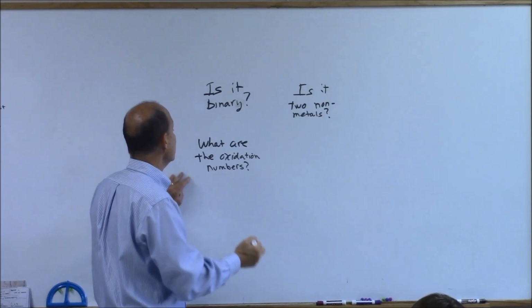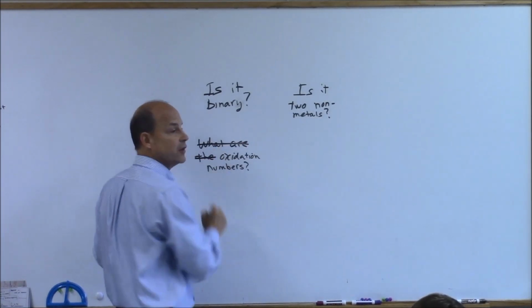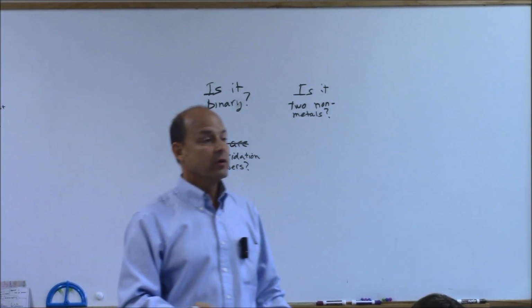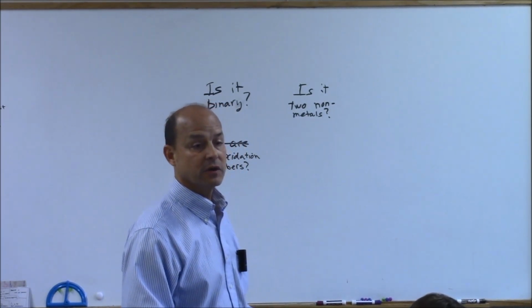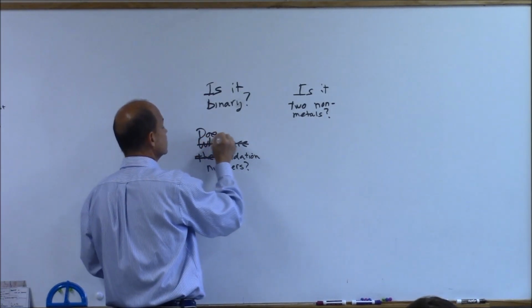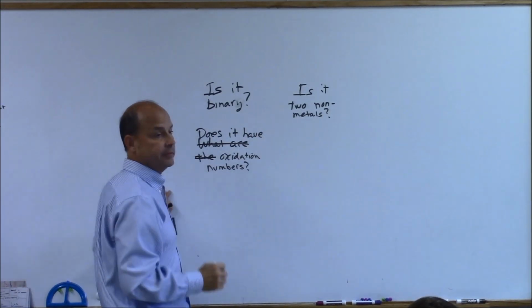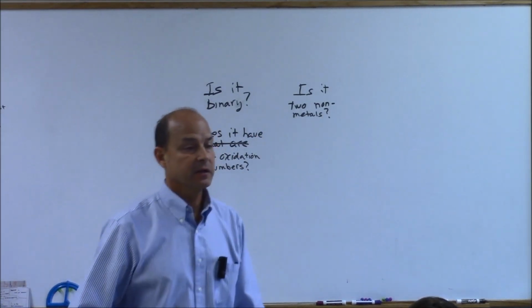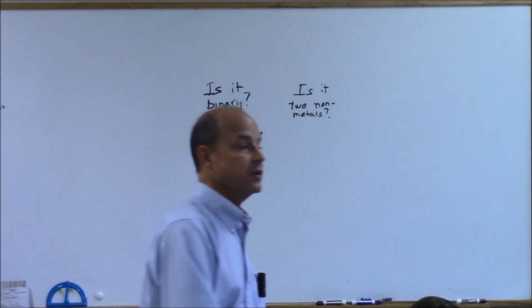But if you knew, does it have oxidation numbers, maybe that would tell you whether it's a type. If it doesn't have oxidation numbers, it would tell you it's a type 3, wouldn't it? Right? Does it have oxidation numbers? Okay. I mean, it'd be ionic then, right? Oh. Okay. Well, those are my questions, not yours.